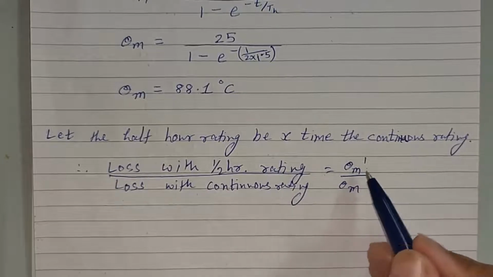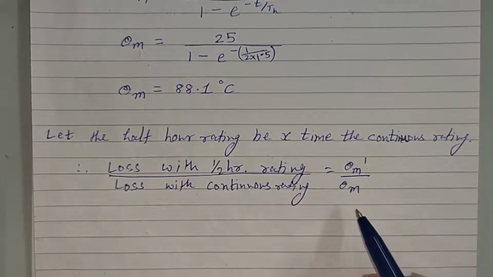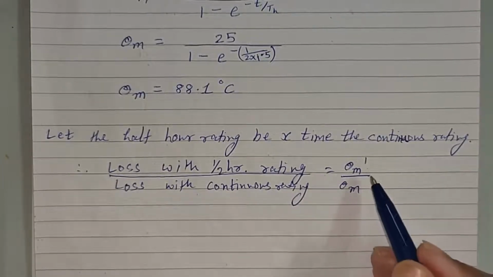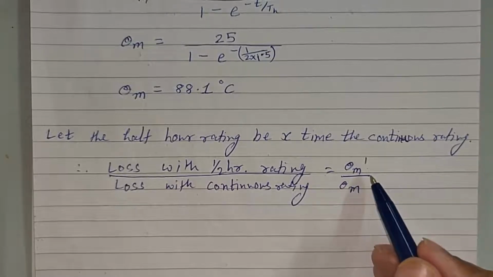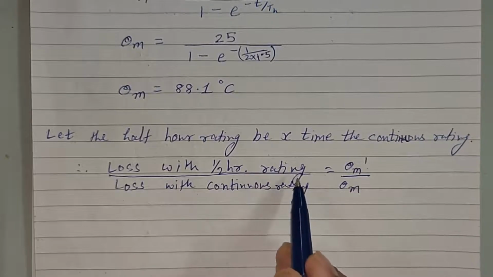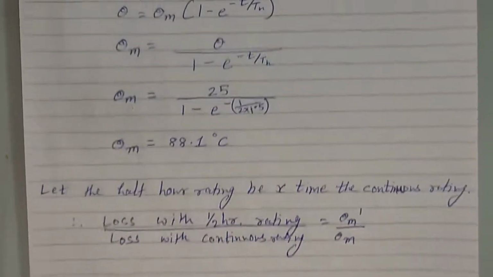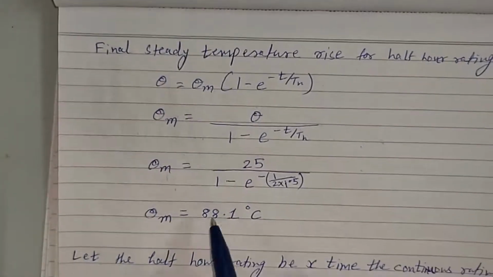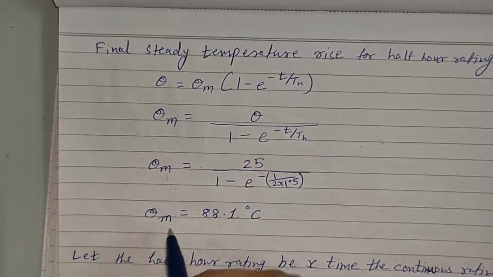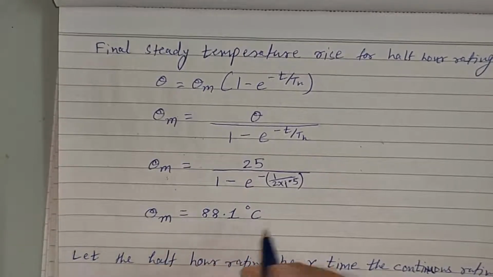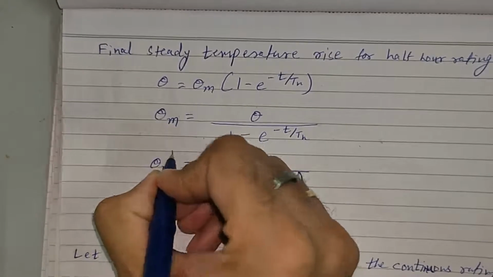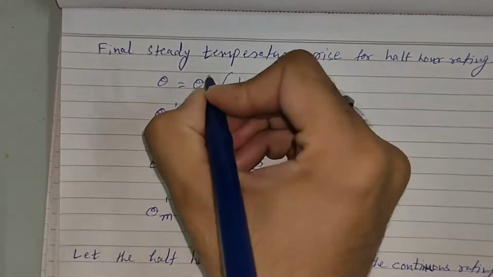Now what is the difference between this theta m dash and this theta m? So this theta m dash is your new final steady temperature rise for half hour rating. So here the theta m that we calculated, 88.1, would be nothing but theta m dash.